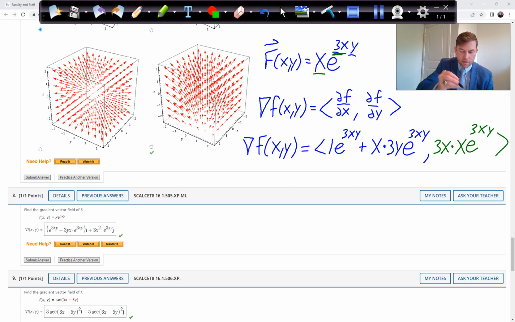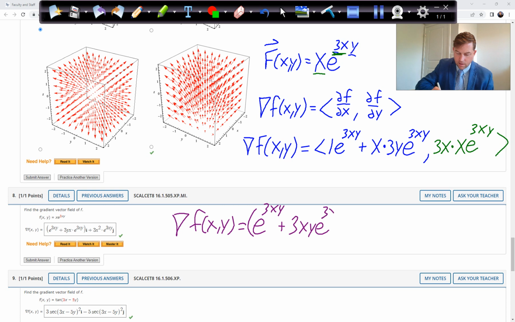So we're going to get the gradient of f with respect to x, y is equal to e to the 3xy plus 3xy e to the 3xy, and all that's in front of the i component, plus 3x squared e to the 3xy on the j component.